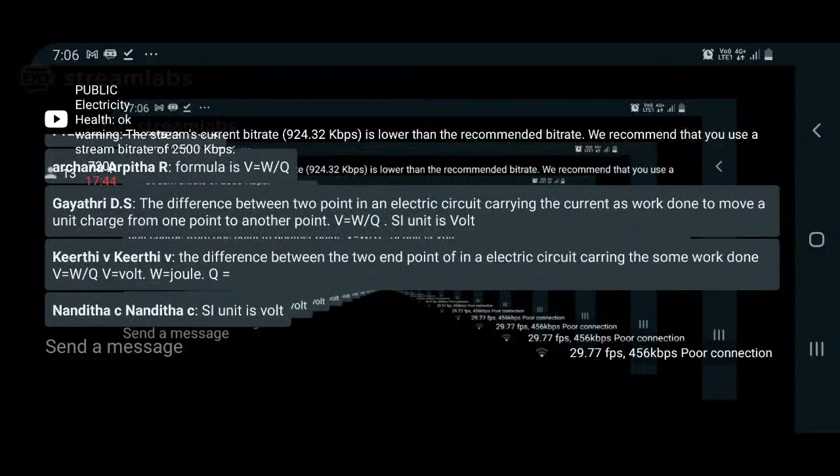I told you to give the SI unit of the components present in the formula. So what are the components present in the formula? V, W and Q. The SI unit of V is volt. The SI unit of W, work done, is Joule. And the SI unit of Q, the electric charge, is Coulomb.